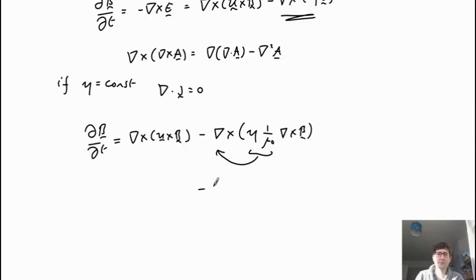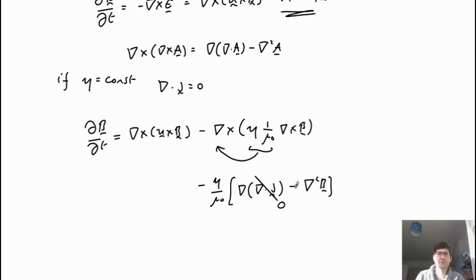So this becomes an eta over mu naught, and then we have a gradient of divergence of J, which is just 0, and the Laplacian of J. And Laplacian of B. And so if divergence of J is 0, then this term just looks like a diffusion.